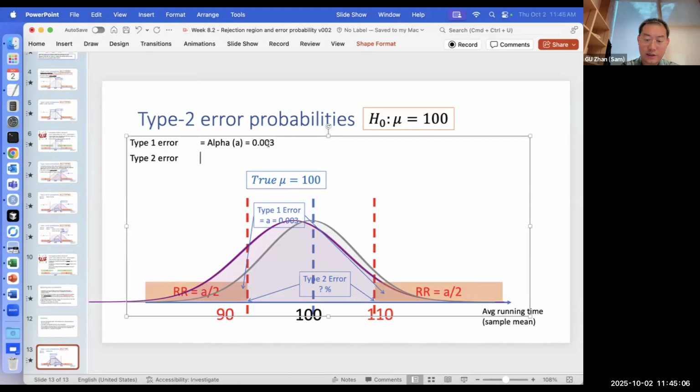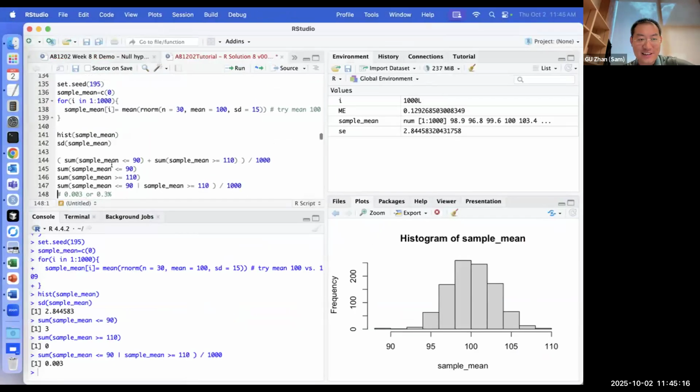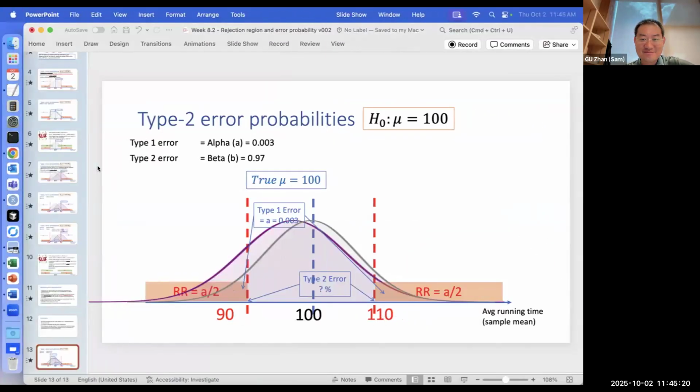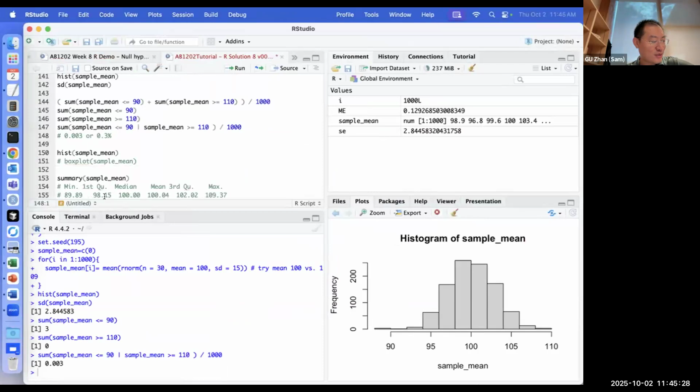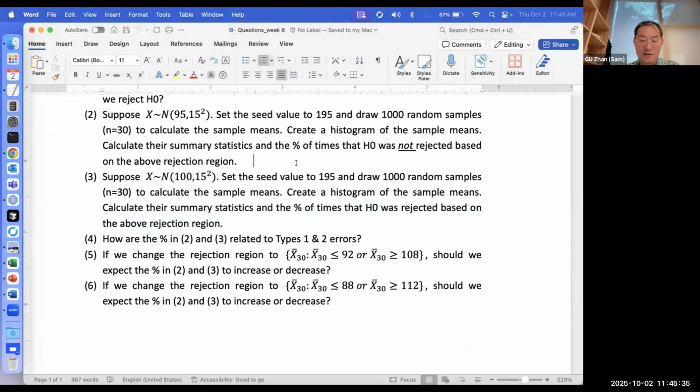Your type 2 error is beta equals 0.97. This is what we calculated earlier. So 3.2 is your type 2 error, false negative.